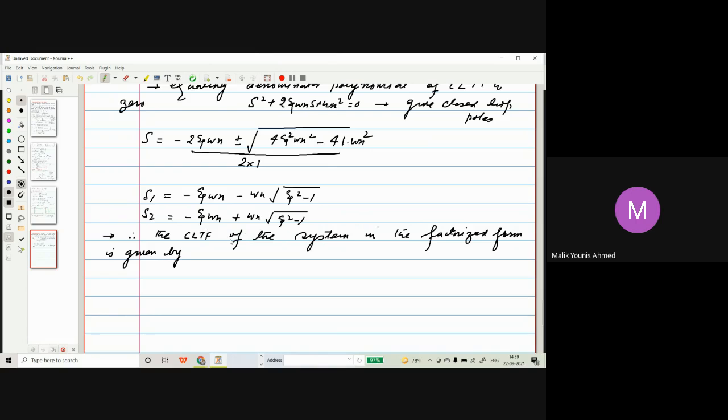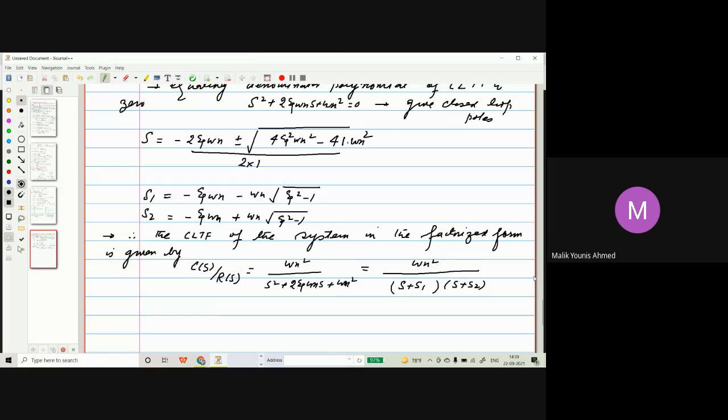It is given by C of s by R of s equal to omega n square over s square plus 2 xi omega n s plus omega n square. That will be omega n square over s plus s1 into s plus s2.